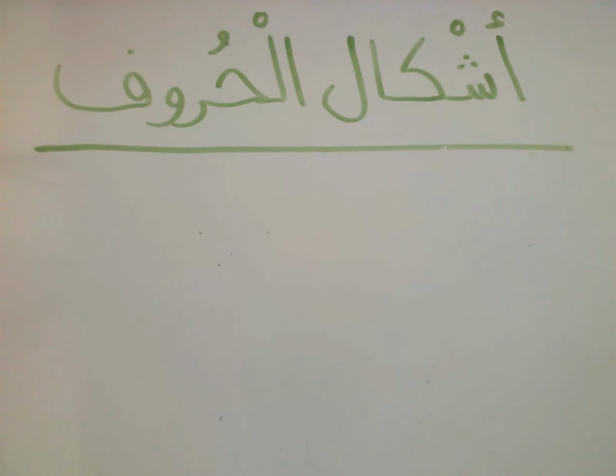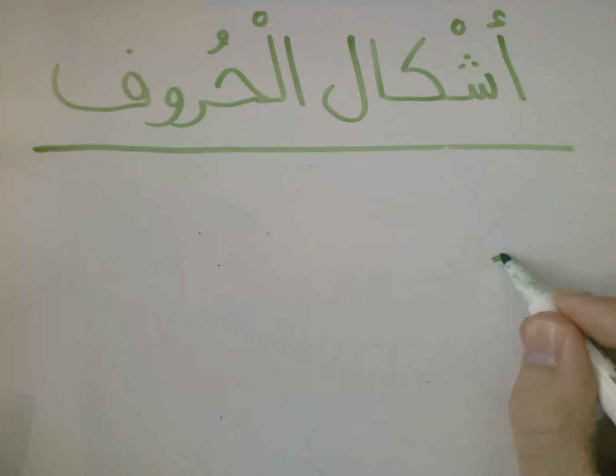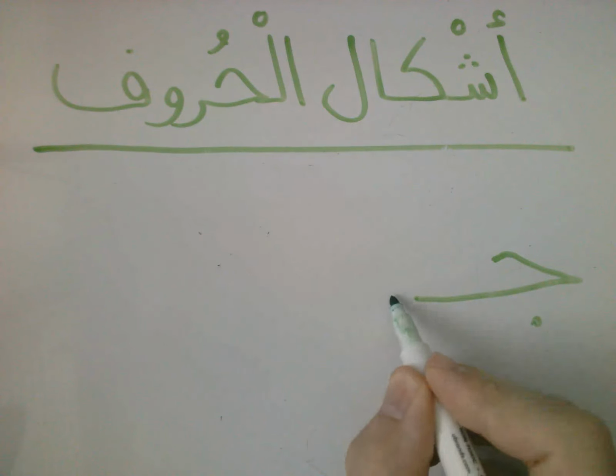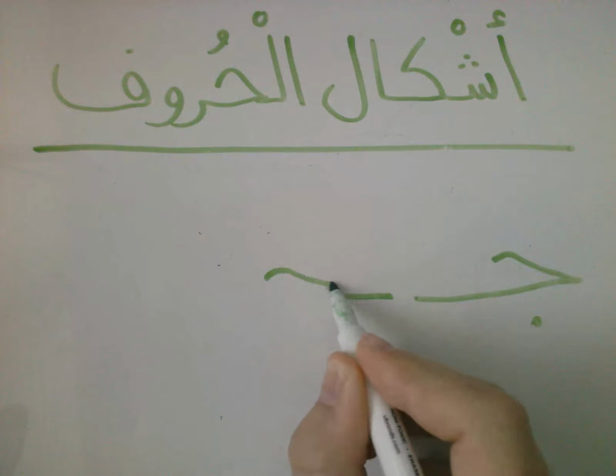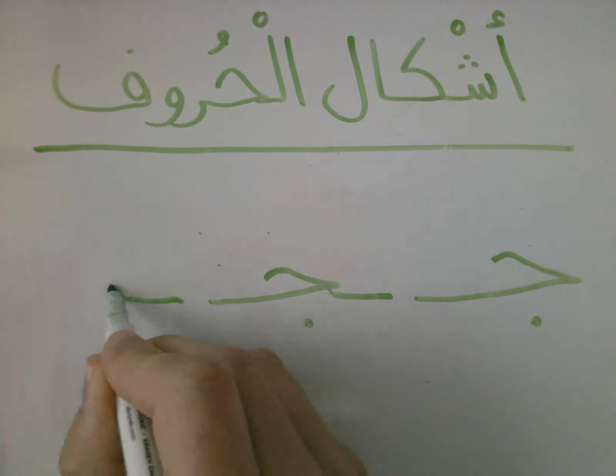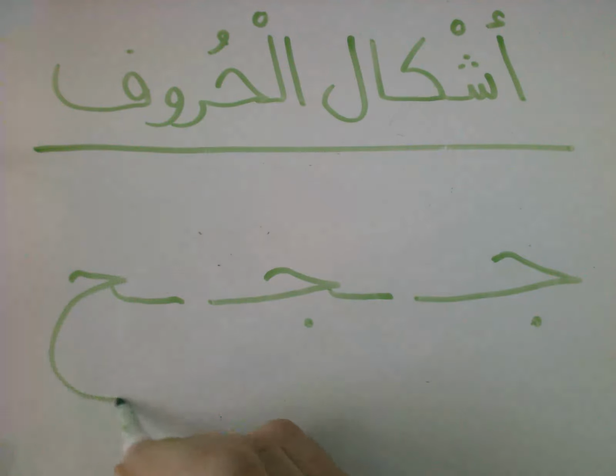Last time, and I'm going to write it slowly for you in case you want to write and follow along. Initial. This is the middle part. Then the final part. And it's that simple.